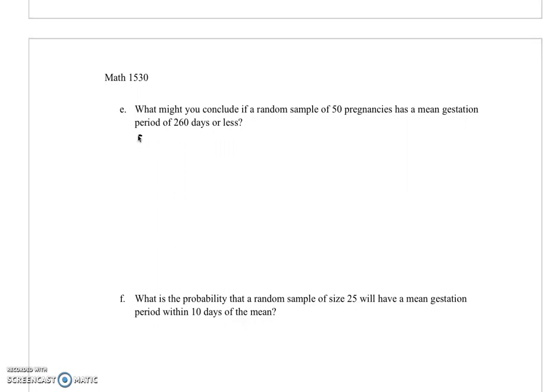Well, since that probability is less than 0.05, the probability is unusual, right? Remember, anything with a probability of less than 0.05 is unusual.